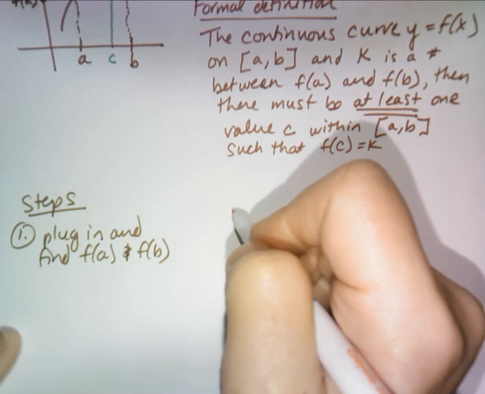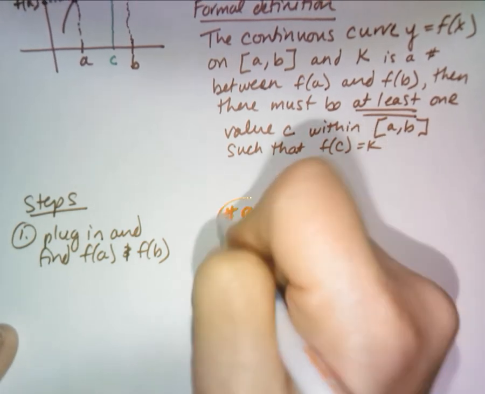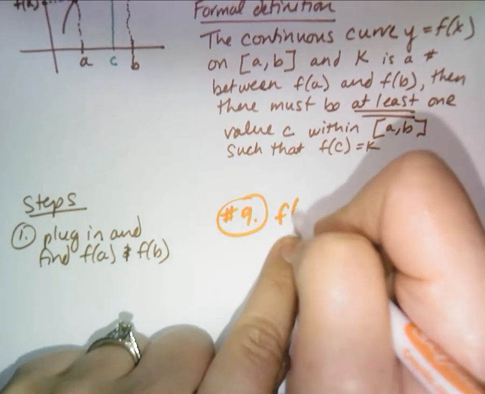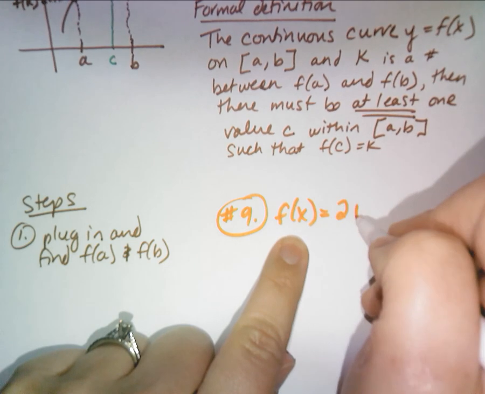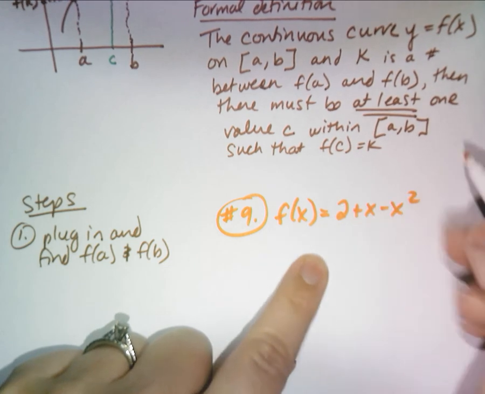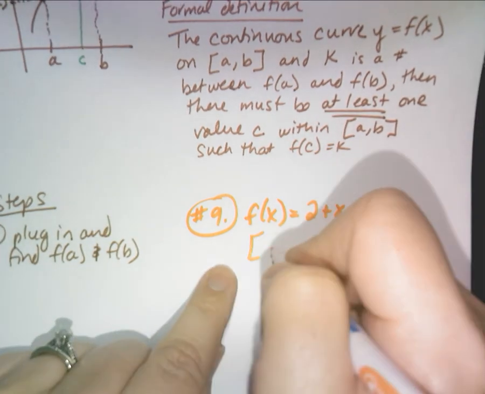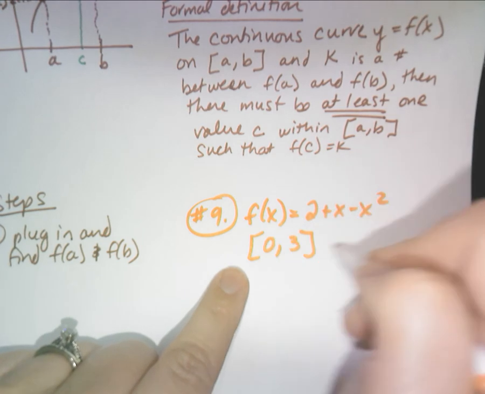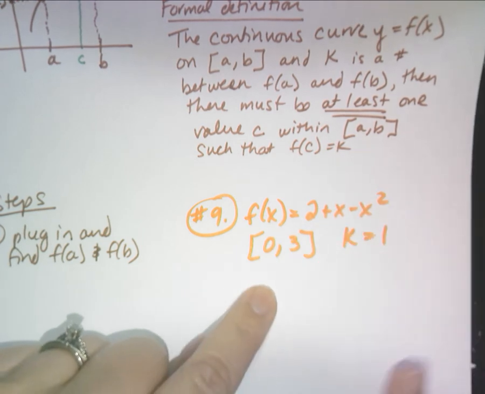So I'm going to use question number 9. They gave us f of x equals 2 plus x minus x squared. They gave us the interval 0, 3, and they told us that k equals 1, okay?